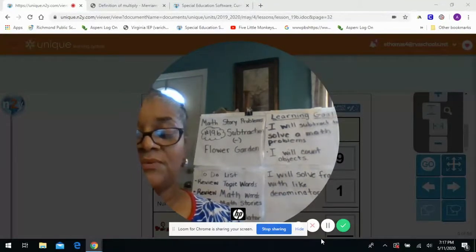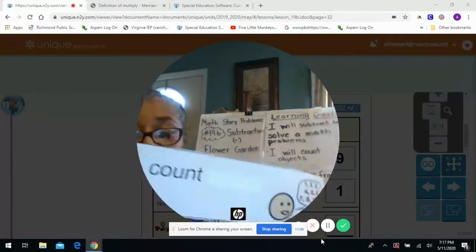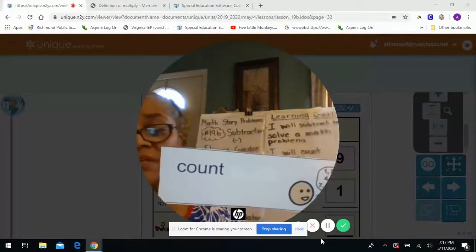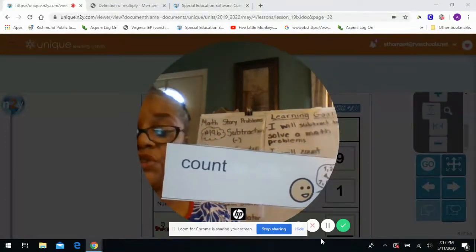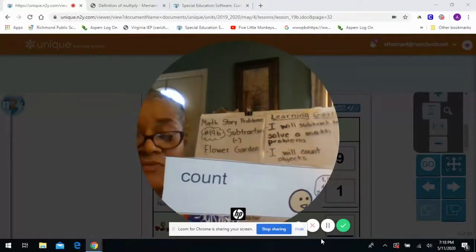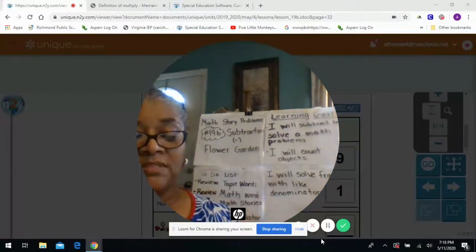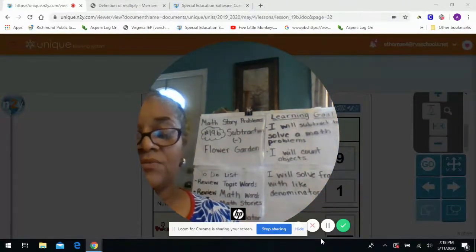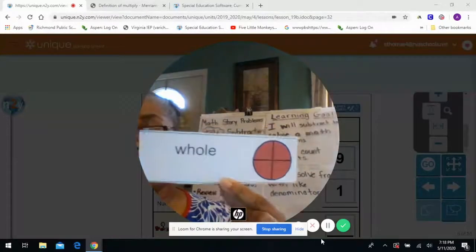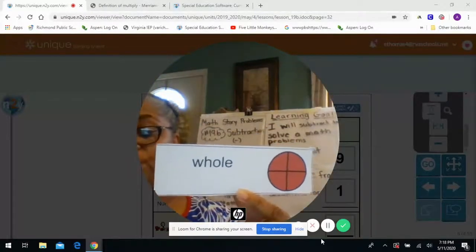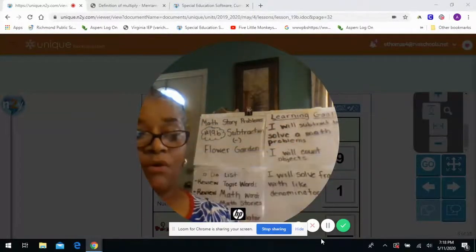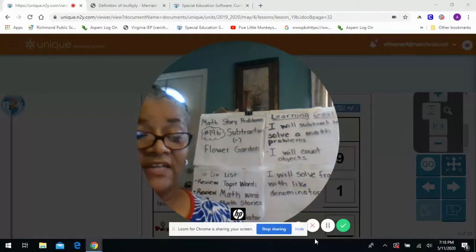Then we're going to count. That means we say numbers in consecutive order: 1, 2, 3, 4, and 5. That's how we count. Then for the fraction, we have a whole. A whole means all of it, the whole part. It's not divided, even though you saw the sections.